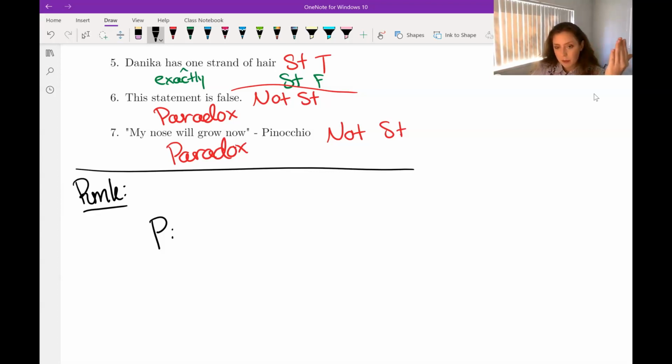So here I've used a capital P. And then I've written a colon. Okay, so this reads P is defined as, and then I'm going to write a statement after. This doesn't make sense if you don't write a statement, okay? So I wouldn't use one of the paradoxes or one of the not statements. Okay, so let's say 3 is an odd number.